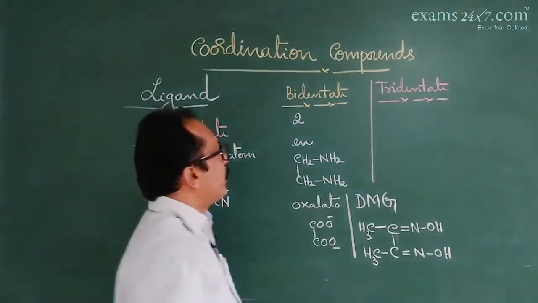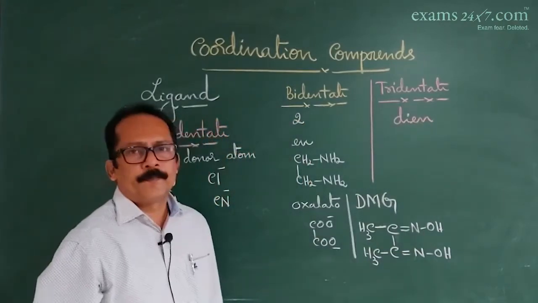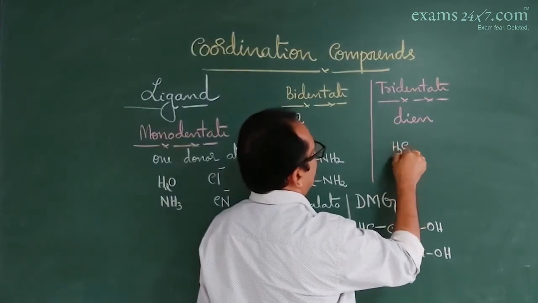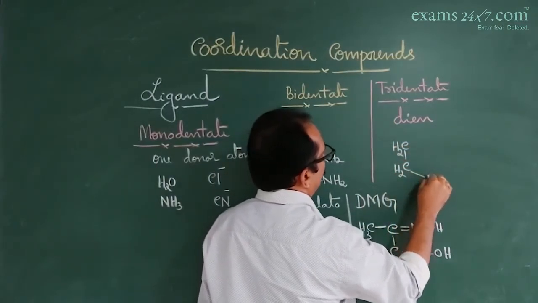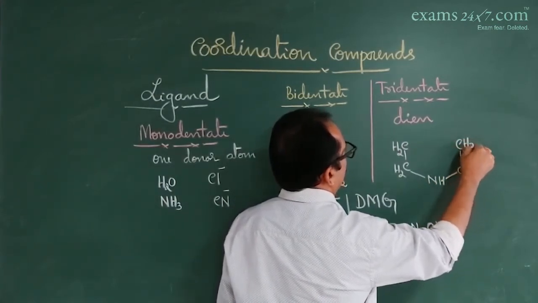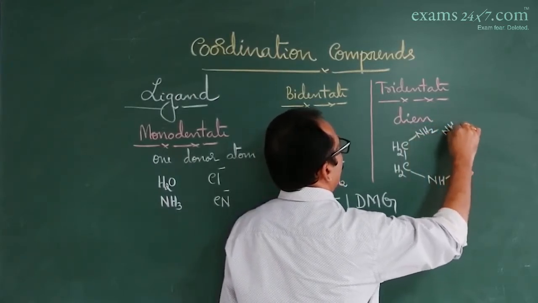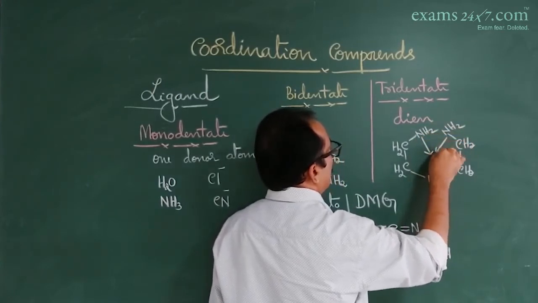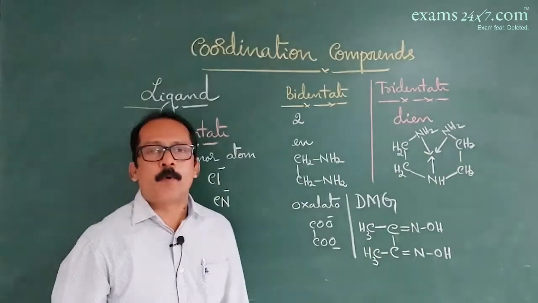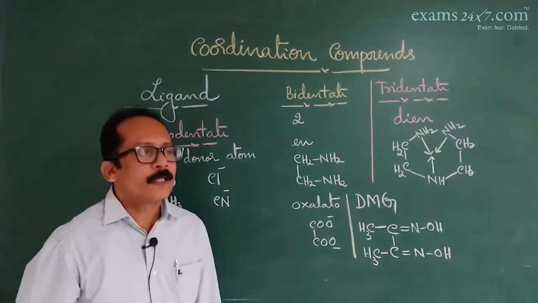Example for tridentate, diethylene triamine: CH2, NH, CH2. This contains an NH2 group. So these 3 nitrogen atoms act as donor atoms. As a result, per ligand, 3 coordinate bonds are formed. This is an example for tridentate ligand.